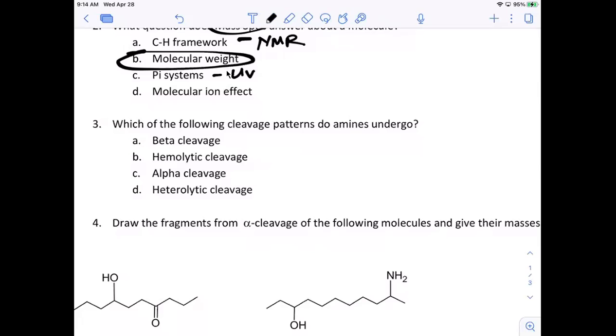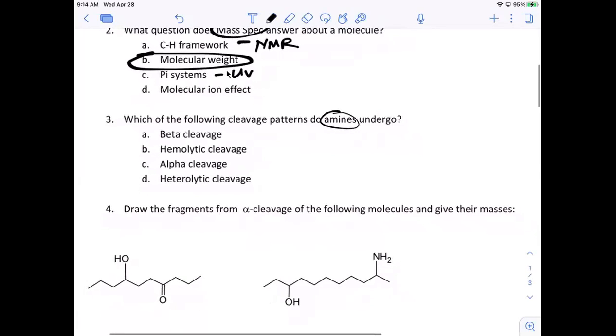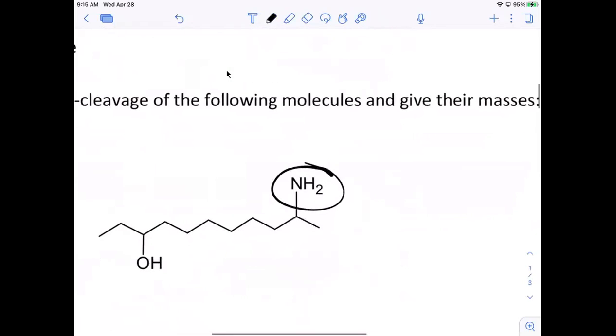All right, so amines, like down here, that's an amine. It undergoes what we call alpha cleavage, where the bond adjacent to it would cleave. So you'll cleave here. On the other side, you don't have anything to cleave where the CH3 is, but you'll cleave right there.